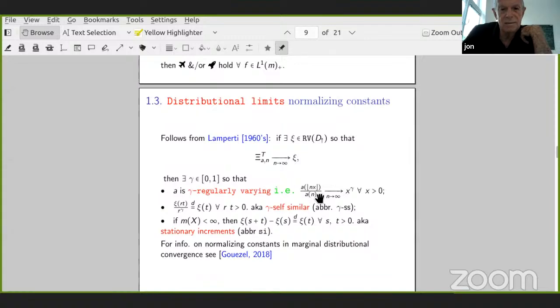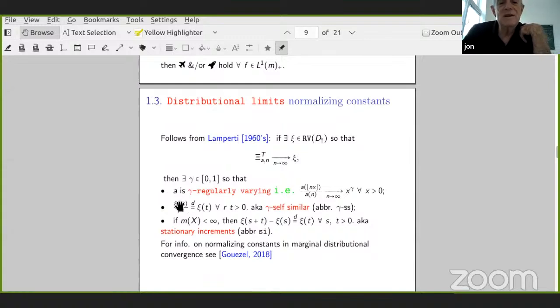And C, the limit process, is gamma self-similar, which means that if I renormalize the process, it has the same distribution as C.